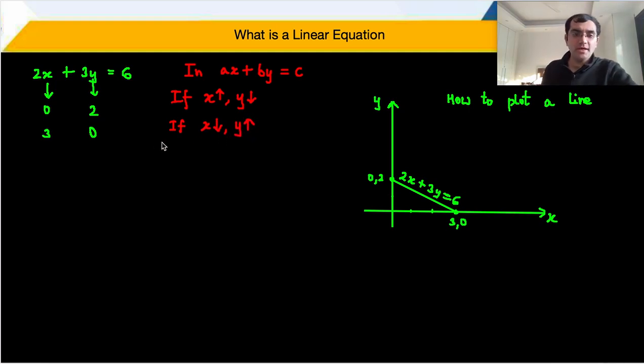Okay? In terms of proportionality, this implies that x is inversely proportional to y, and this is how it is represented. X is inversely proportional to y.